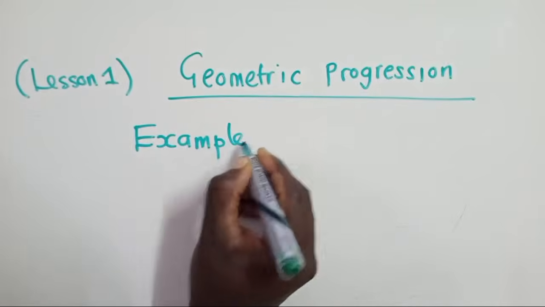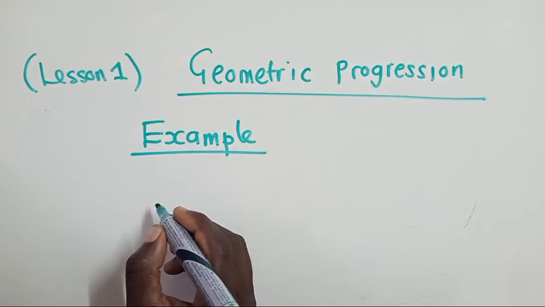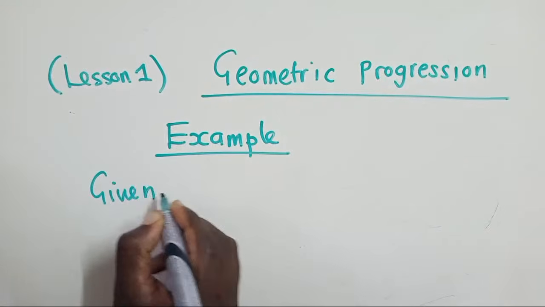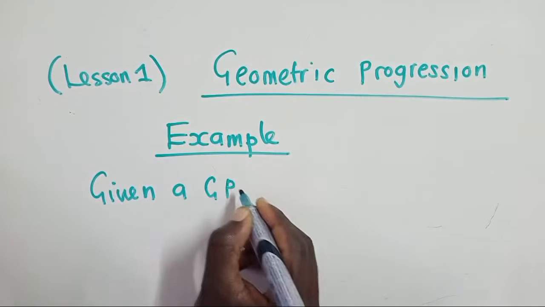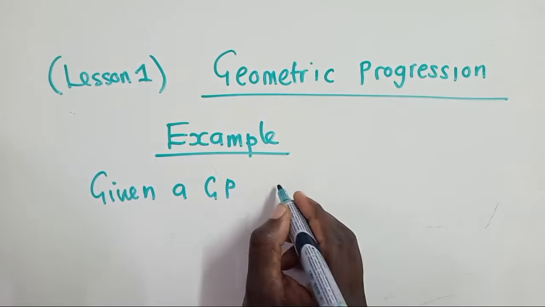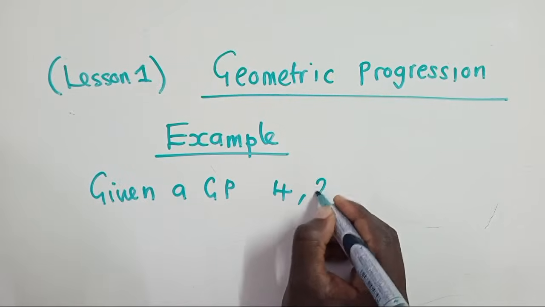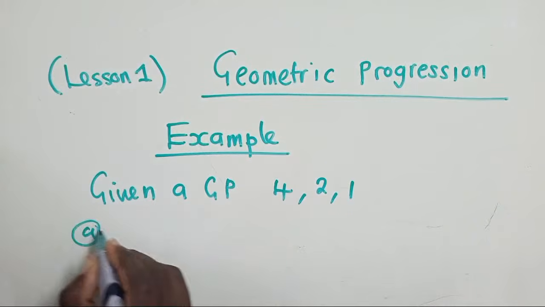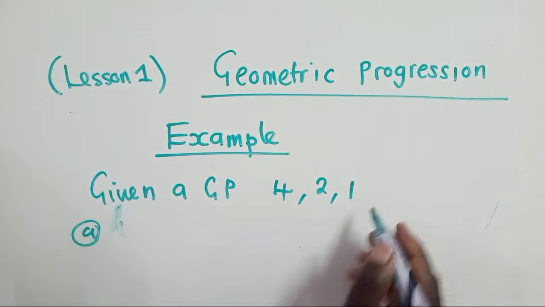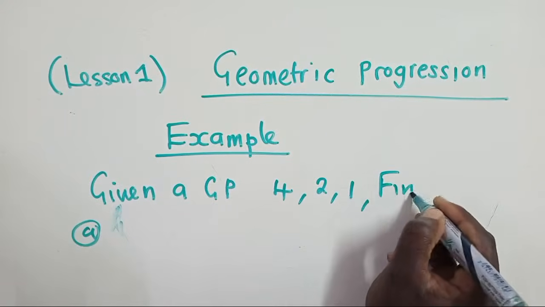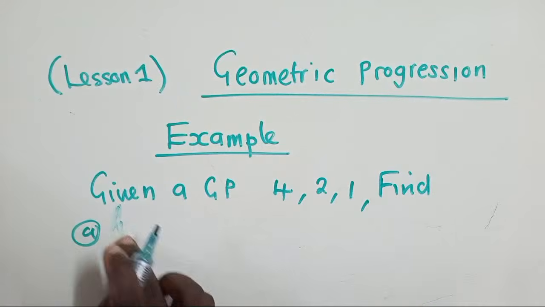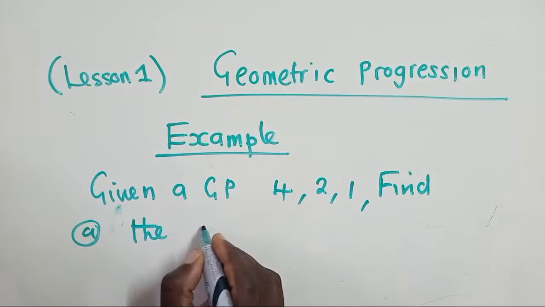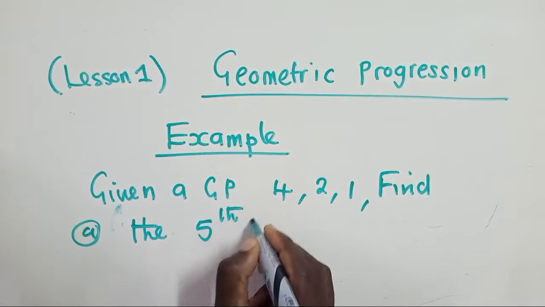So let's start solving this example and see if we get the same answer. Given a GP that is 4, 2, 1, find the fifth term.